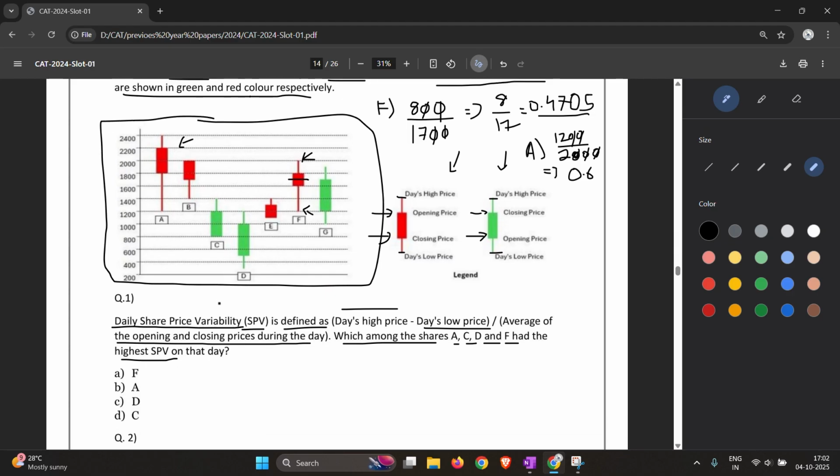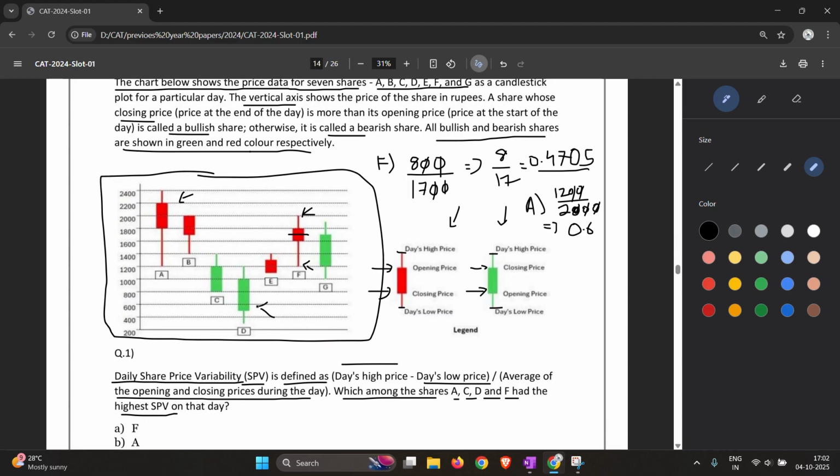Let's quickly go ahead and check for D. So again, for D, what is the variability? For D, it is again 1200, and this over here is between 400 and 200, so this is 300. So 300 and 1200. So the difference is 900. So let's write it over here, D, the difference is 900. So 900 divided by what is the middle point over here?